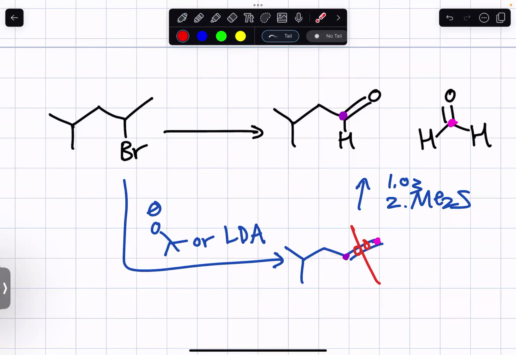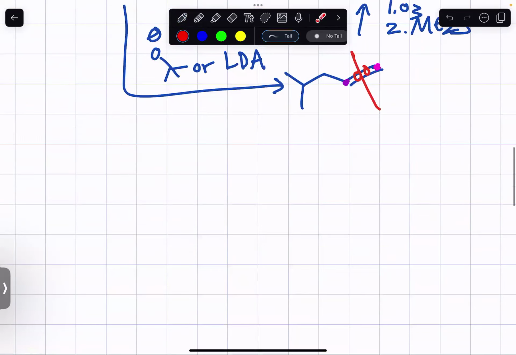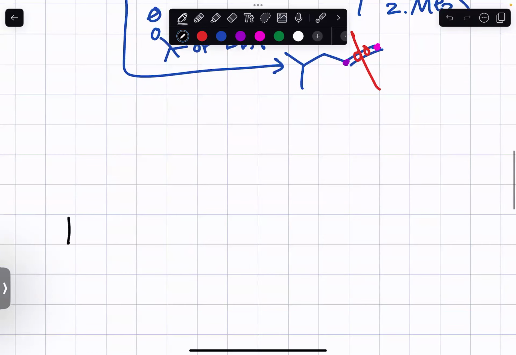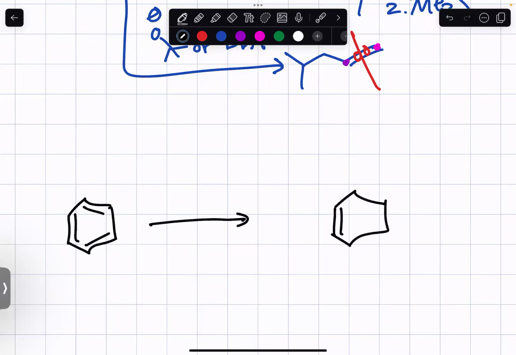Mhm. Right. Okay, so that was like midterm 1. Let's try to do midterm 2 here. Let's see here.